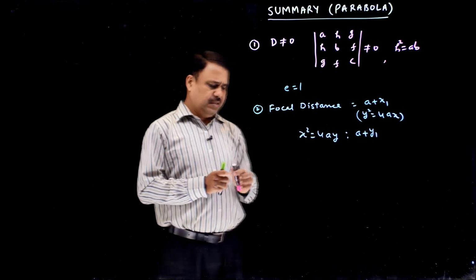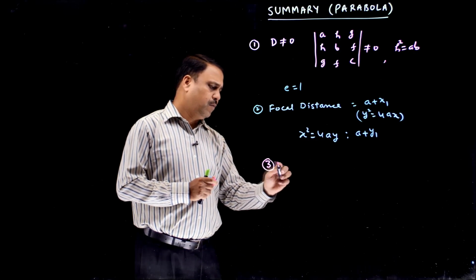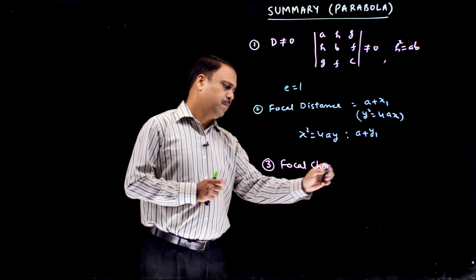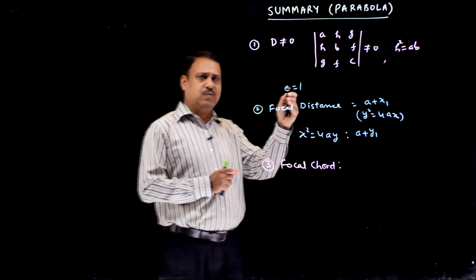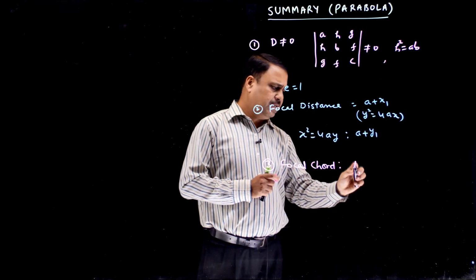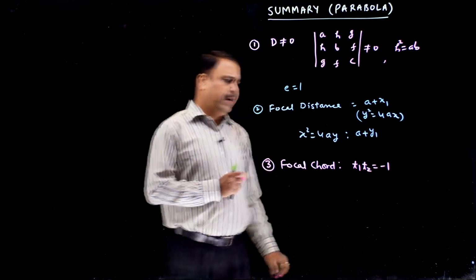Third point is focal chord. If a chord passes through the focus, with ends at (at1 square, 2at1) and (at2 square, 2at2), then the condition is t1 t2 must be equal to minus 1.